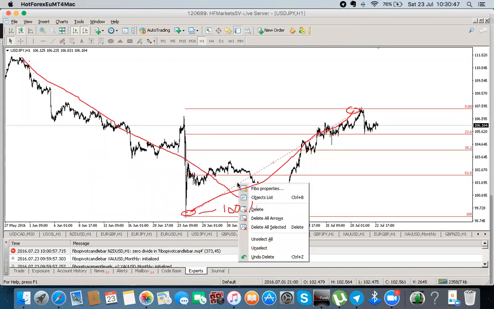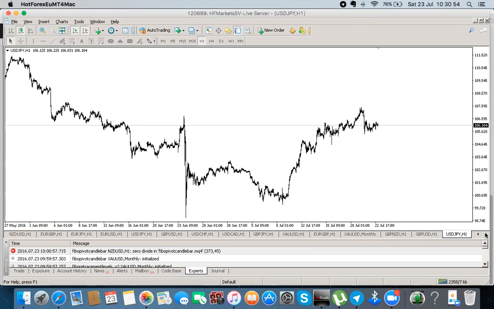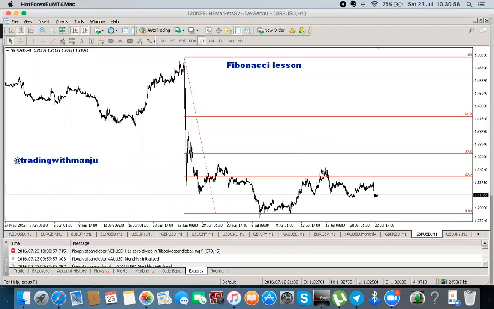And if you want to make 50 pips, 100 pips, use the 1 hour chart and understand the Fibonacci ratios. So this is the pound versus US dollars.